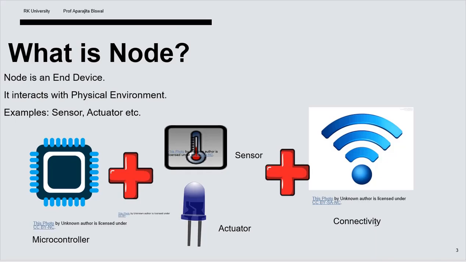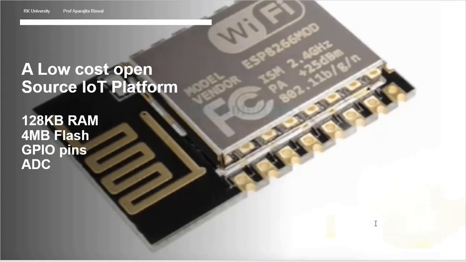Generally, digital pins are used to connect sensors and actuators. So in Node MCU we have all the requirements for node design. We have GPIO pins to connect the sensors and actuators, and also one connectivity module, that is the Wi-Fi module, built into the board.